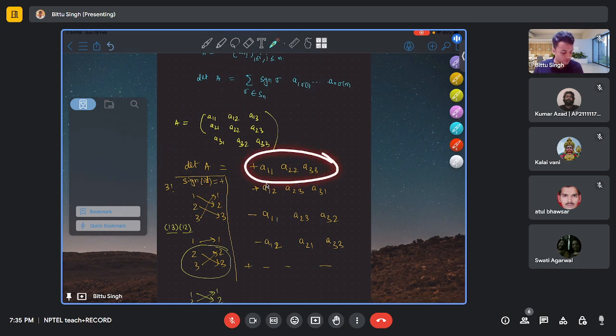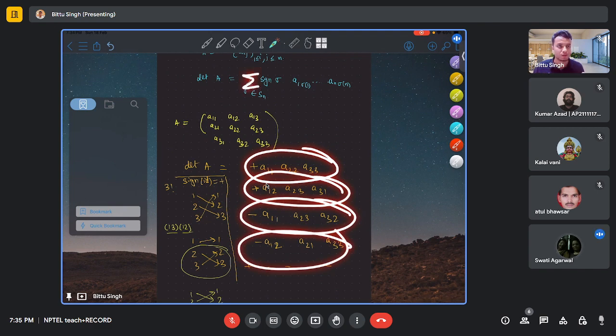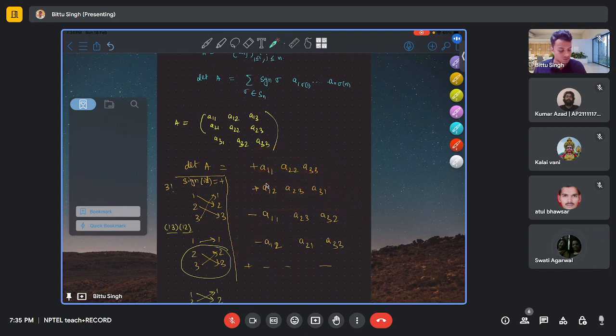That is why I am writing all such things, and this formula writes those things together. Sigma denotes those functions, and the sign of sigma is given by how much row exchange or how much change is needed. If there is an even number of changes, then it will be plus, and if it is an odd number of changes, then it will be negative.